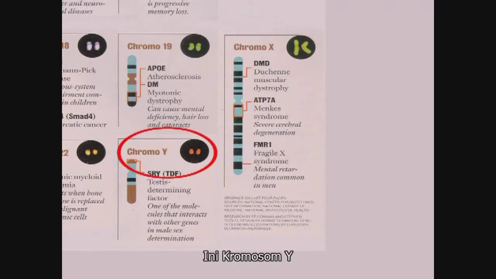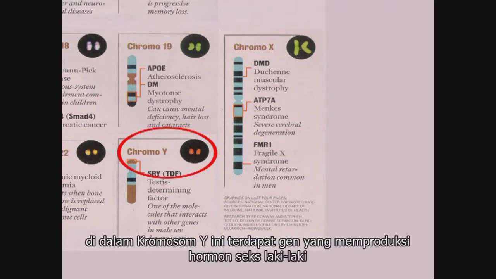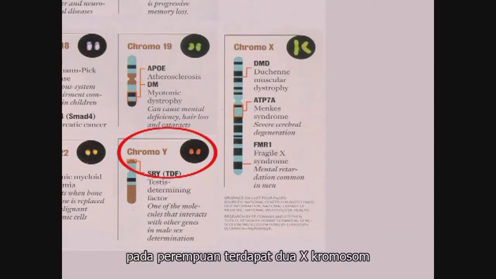See, in the Y chromosome, there is a gene that produces male sex hormone. So a female has these two X's.